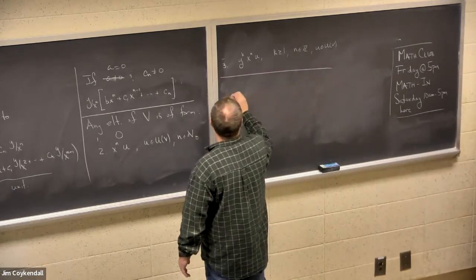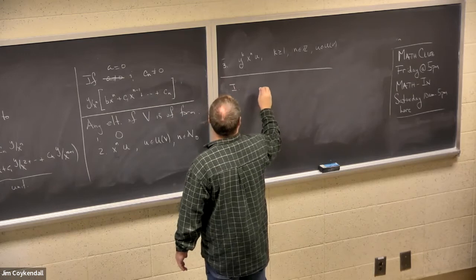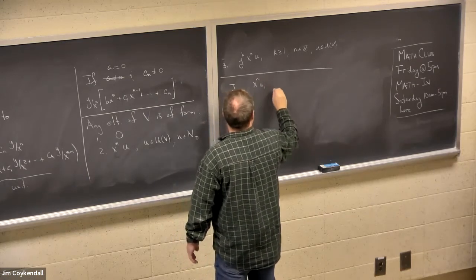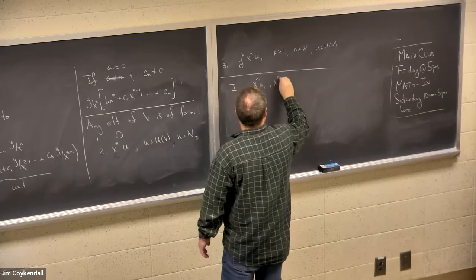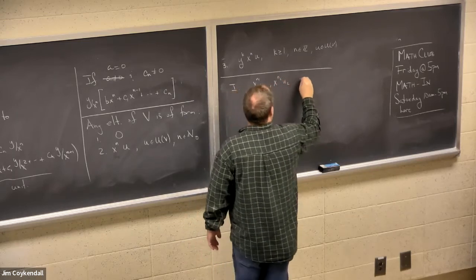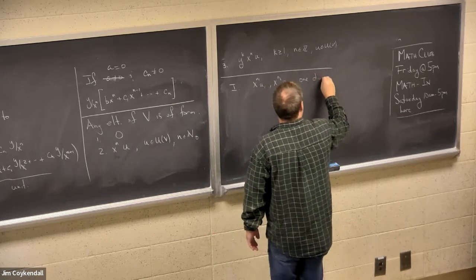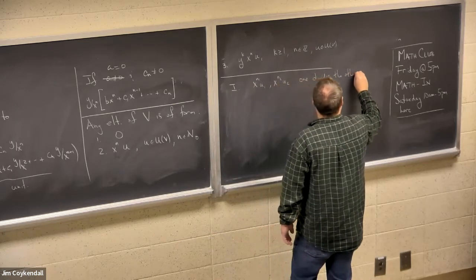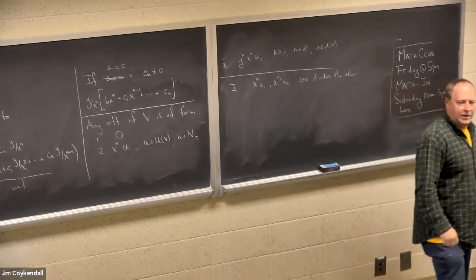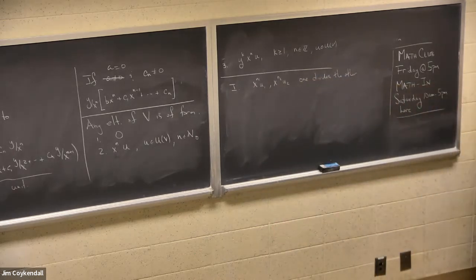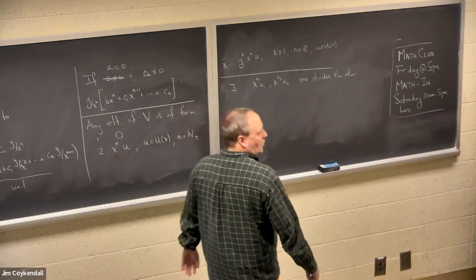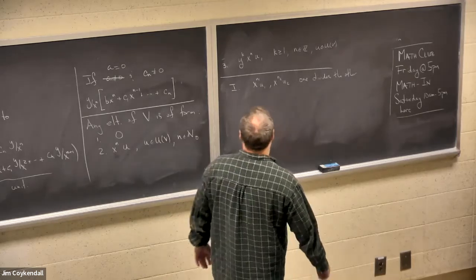Notice a couple of observations. If you have x to the n1 u1 and x to the n2 u2, one divides the other, depending on whichever one has the smaller exponent. Right? So if I compare two elements that look like this, one of them divides the other.